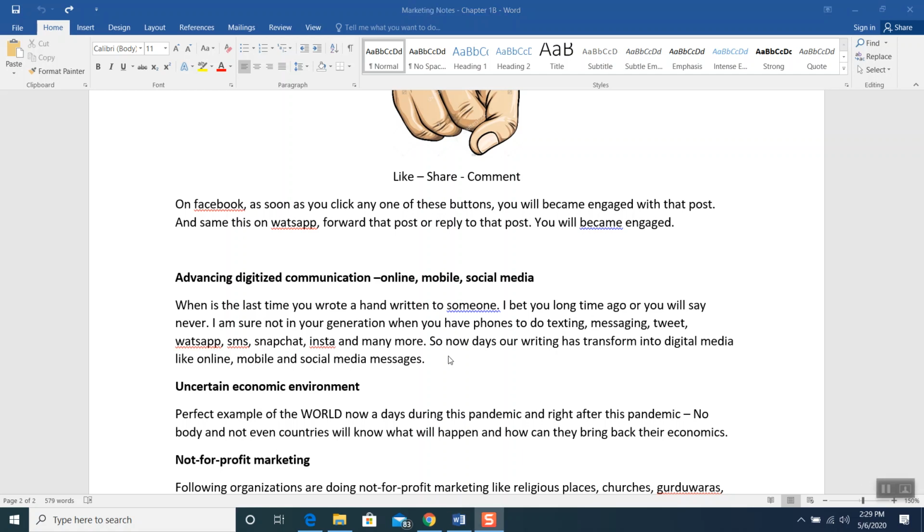We do not write letters anymore. We are doing texting, messaging, WhatsApp, SMS, which is called advancing digitized communication. My way of sending messages to my loved ones, my colleagues, my relatives, my students becomes online, mobile, SMS, WhatsApp, social media, Facebook, right? So this is a new trend that has come to the market, and marketing is adapting to it as well.